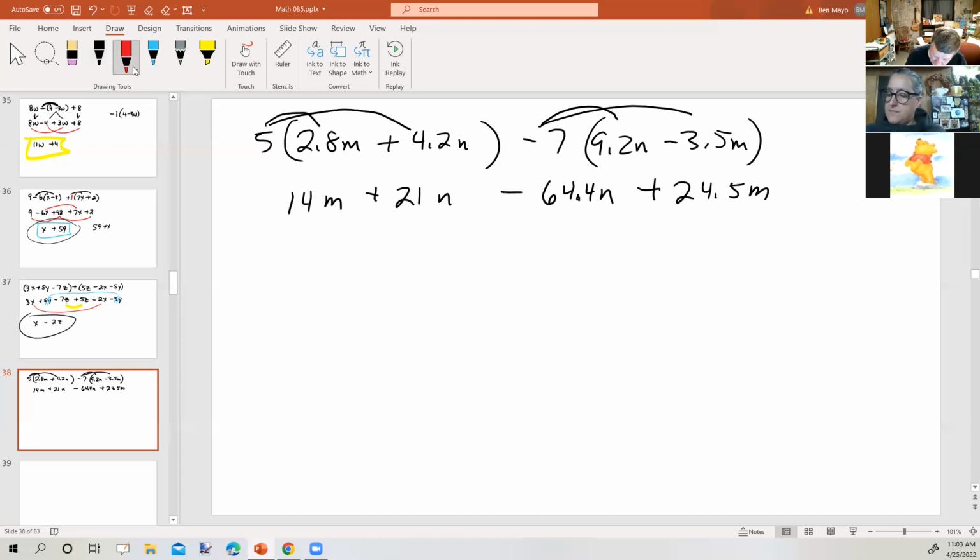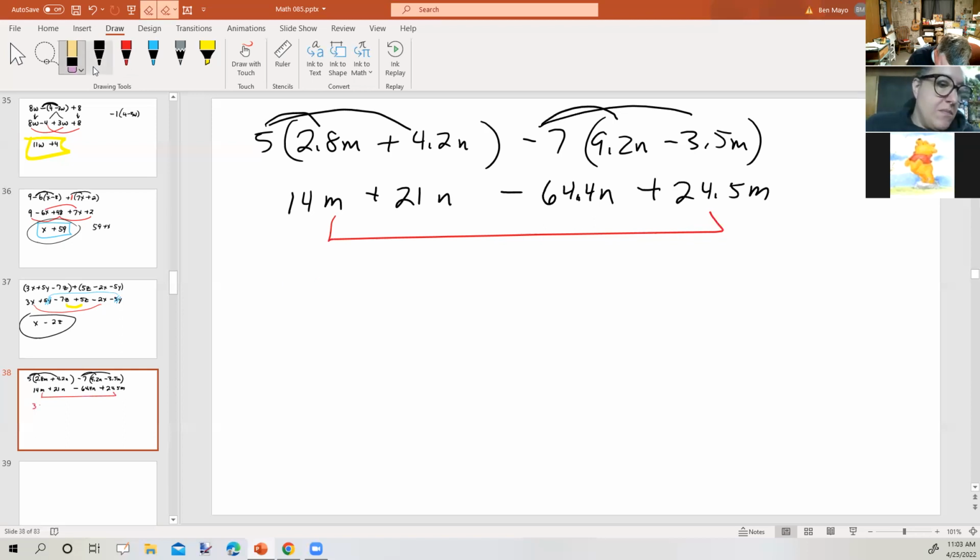Now, combining like terms, I'm going to put the m's first. 14m plus 24.5m is 38.5m.